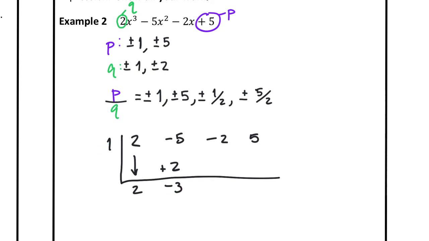What's 1 times -3? -3. What's -2 minus 3? That's -5. What's 1 times -5? -5. And then what's 5 minus 5? 0. So my remainder is 0.